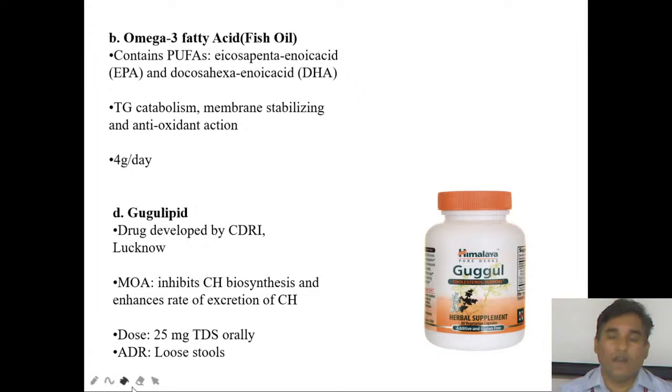And there is the CDRI, Central Drug Research Institute Lucknow approved drug, guggulipid, which inhibits cholesterol biosynthesis and enhances the rate of excretion of cholesterol. The dose is 25 mg TDS only. An adverse effect is that in some people it produces loose stools or diarrhea.